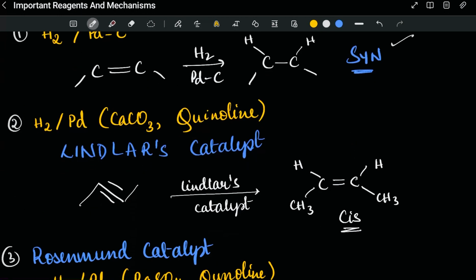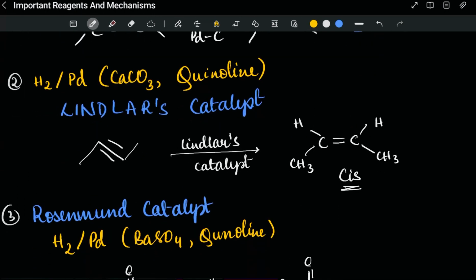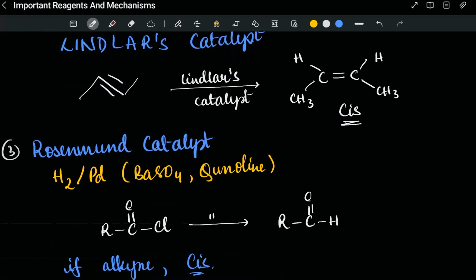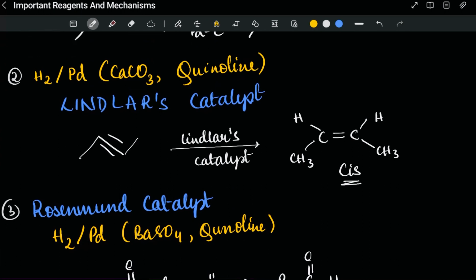Now, the second one is called Lindlar's catalyst, which we have discussed in various topics. Lindlar's catalyst is calcium carbonate with quinoline. Right. Now, we take an alkyne and we use Lindlar's catalyst, then we get a cis alkene. So, in order to get cis alkenes, we use Lindlar's catalyst.